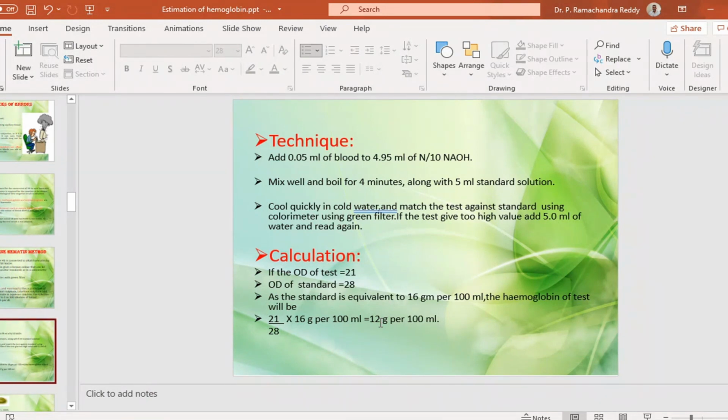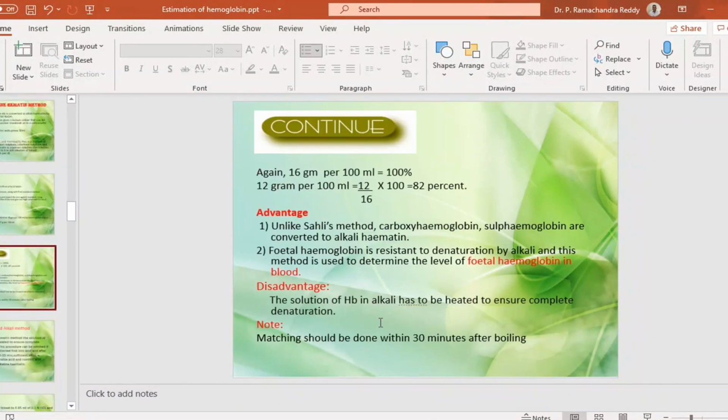This is how we calculate the hemoglobin of a particular person. Again, 16 grams per 100 ml is equal to 100%, and 12 grams per 100 ml is 12 by 16 into 100, which equals 75%.